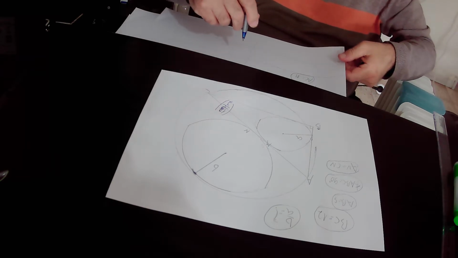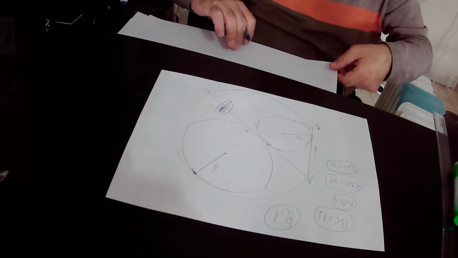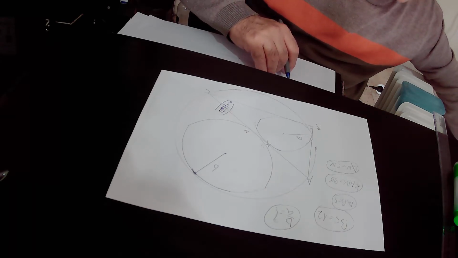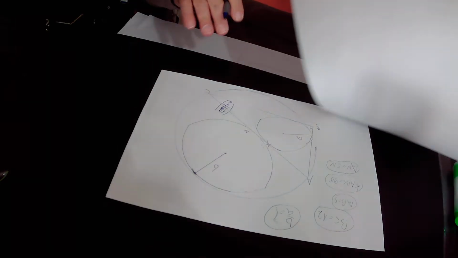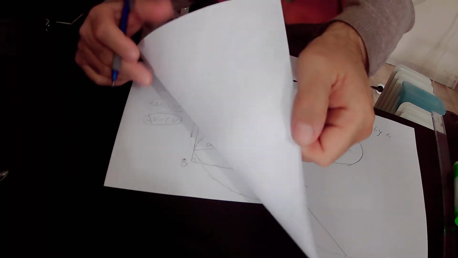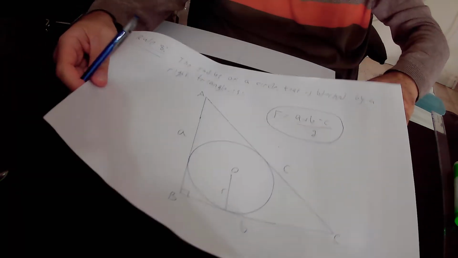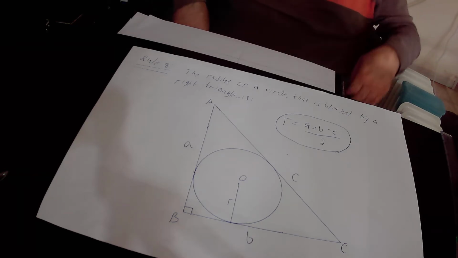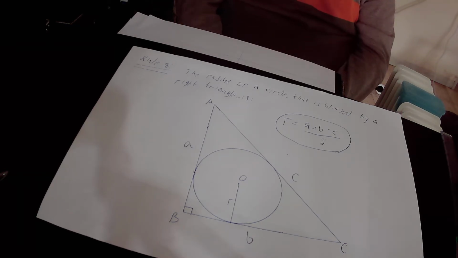The next step, I present to you a new rule, number 8, and we implement rule number 8 in our drawing. According to rule number 8, the radius of a circle that is blocked by a right triangle is equal to R equals A plus B minus C over 2.